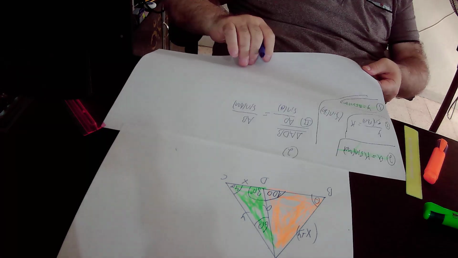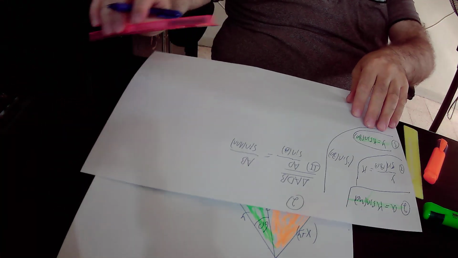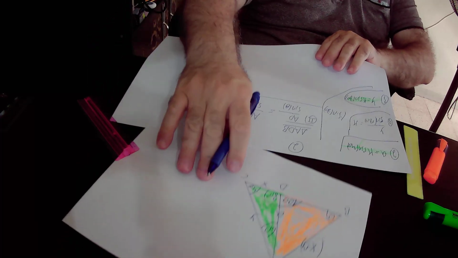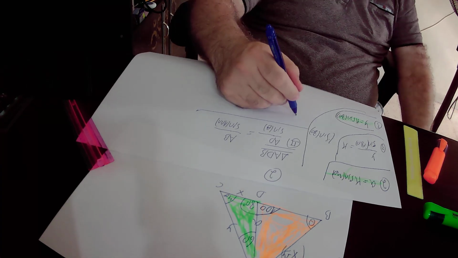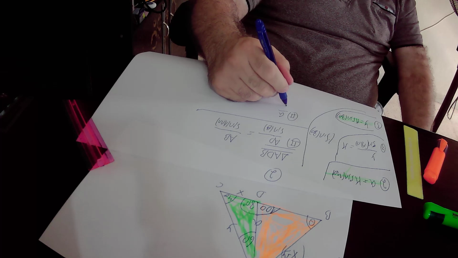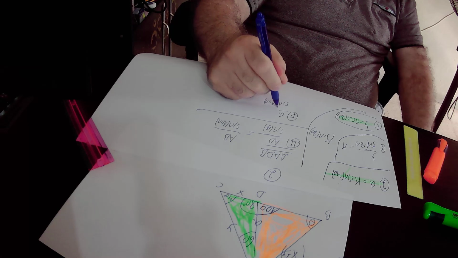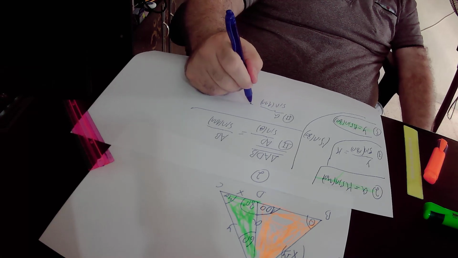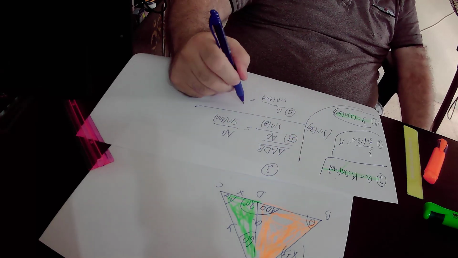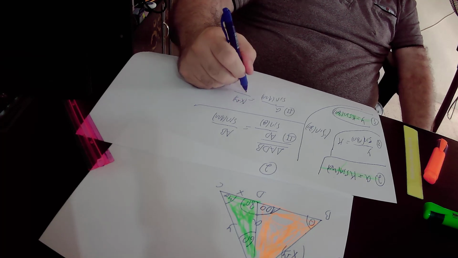Okay, equation number 2 is the implementation of the law of sines in the orange triangle. We substitute AD by A. So it is A over sine 100 degrees. That is equal to AB. We substitute AB by x plus y. So it is x plus y over sine 100 degrees.